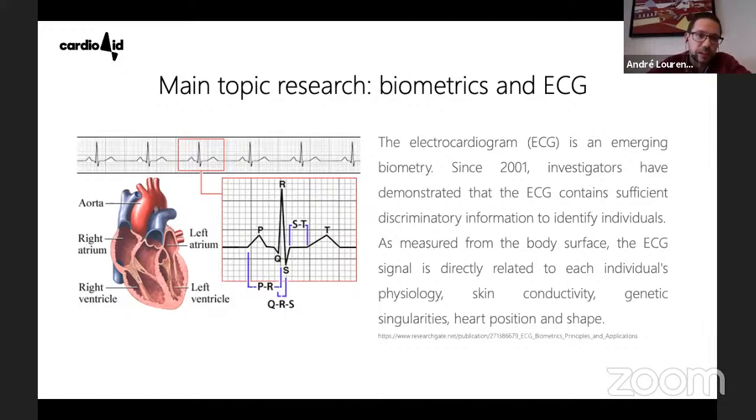And so we started looking at these particularities of the ECG that were not usually exploited by clinicians.